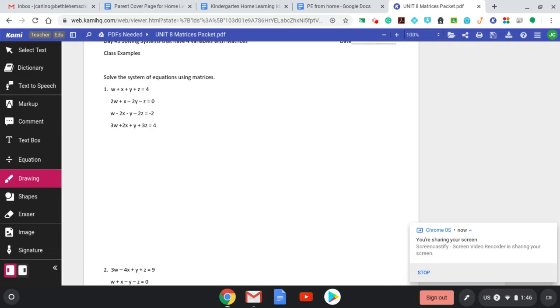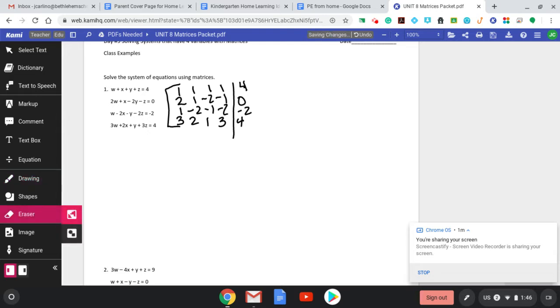Here we go with the first one. 1, 1, 1, 1, 4. 2, 1, -2, -1, 0. 1, -2, -1, -2, -2. 3, 2, 1, 3, 4.